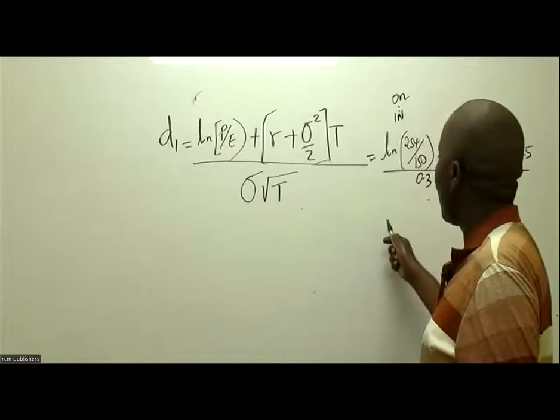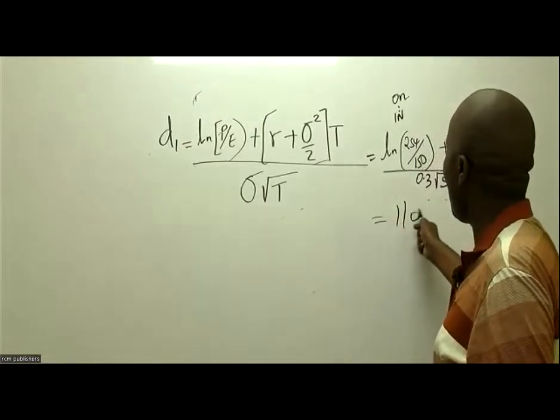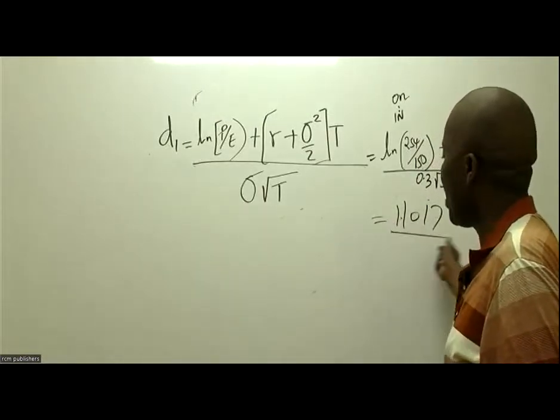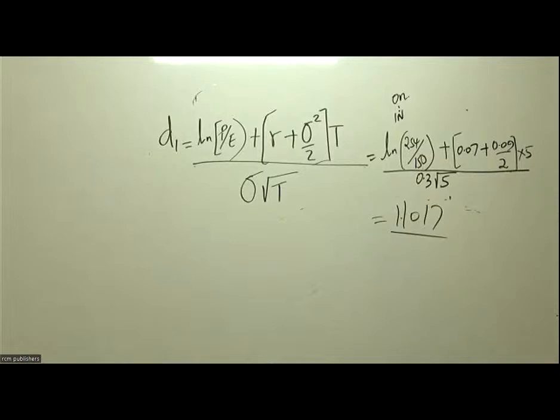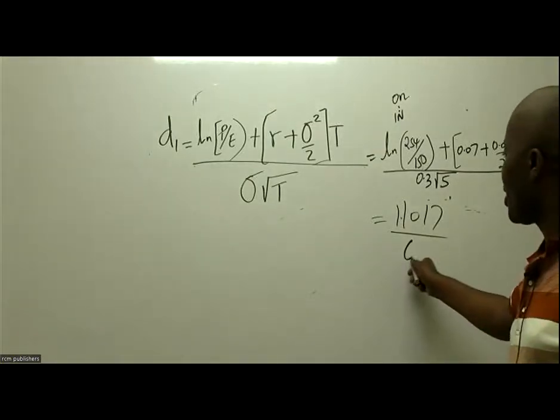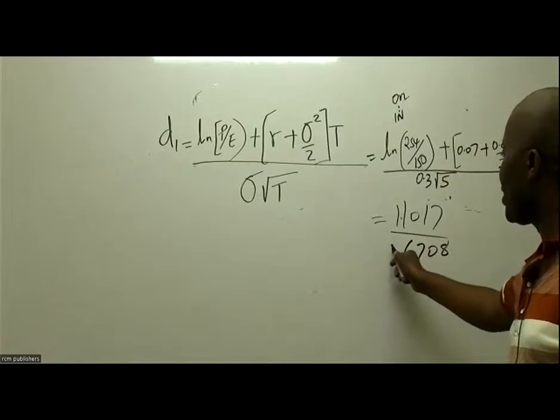Somebody is giving me that the numerator is 1.1017, divided by the denominator. Who can give me the value of the denominator now? Four decimal places. 6708, with a decimal there.